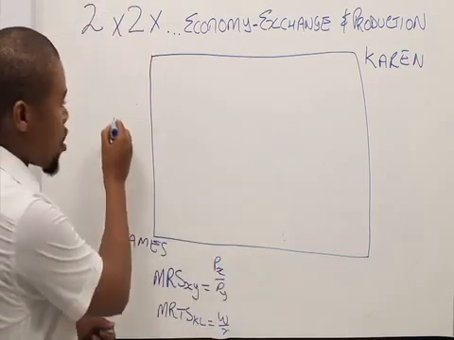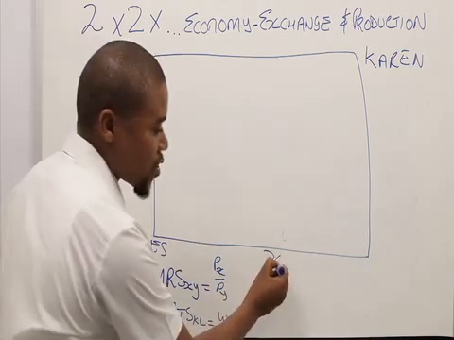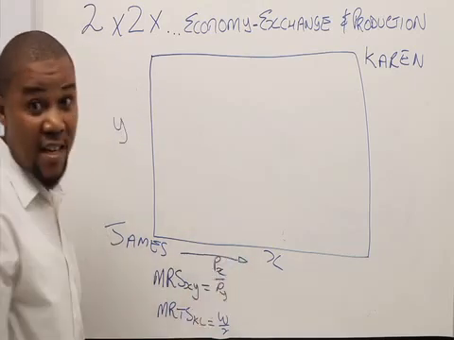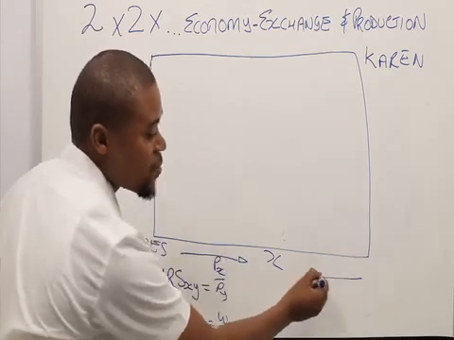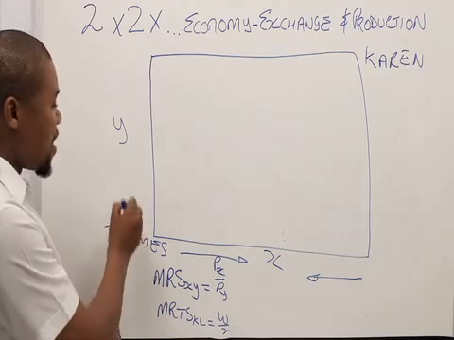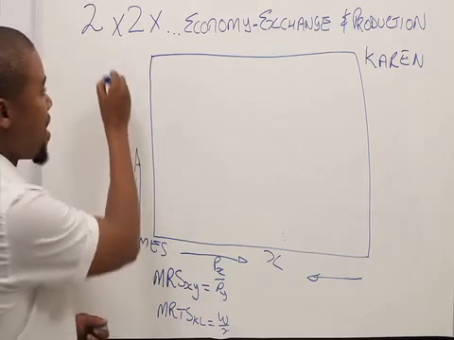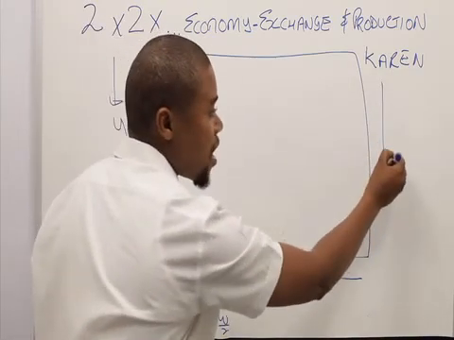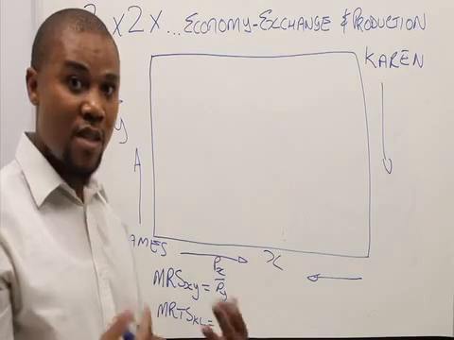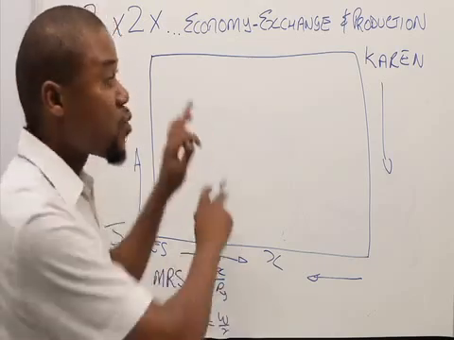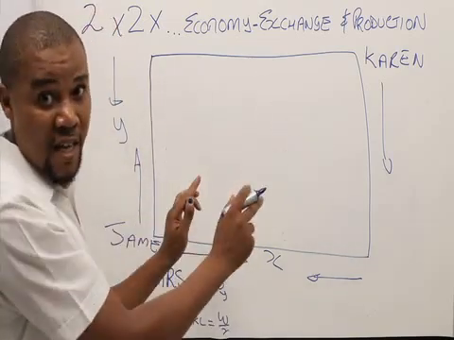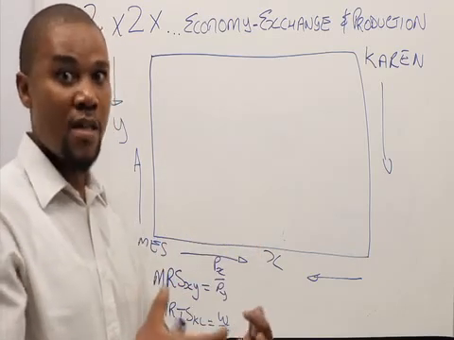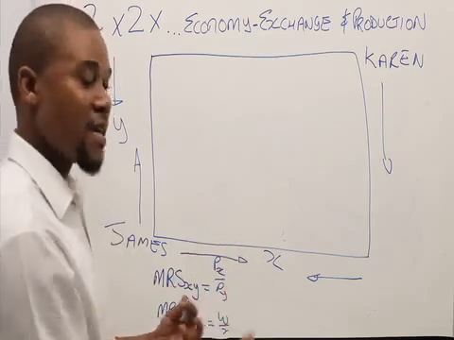So if this was good Y and that was resource X, when James consumes more of X, there's less available for Karen. And when James consumes more of Y, there's less available for Karen. So they are consuming the same resources, and these are finite. And that's what the box really represents, as well as the fact that now we have two consumers and we're trying to represent them at the same time.